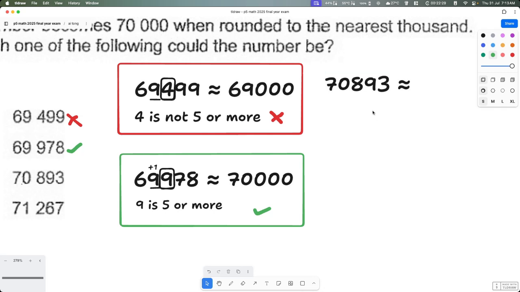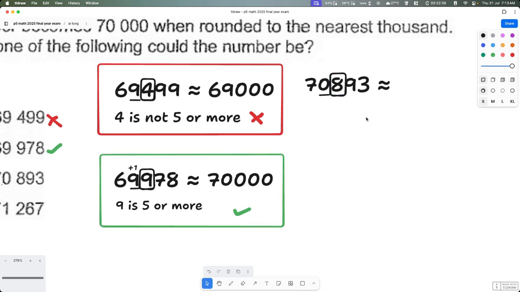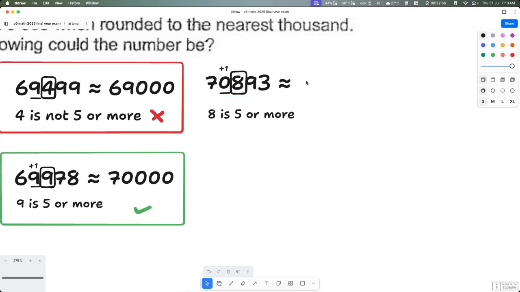Same thing, but this time we need to look at the number 8 over here. Is 8 5 or more to round up? Yes, 8 is 5 or more, so we will round up. But since we plus 1 to the thousands place, this will become 71,000, which is not what we want.